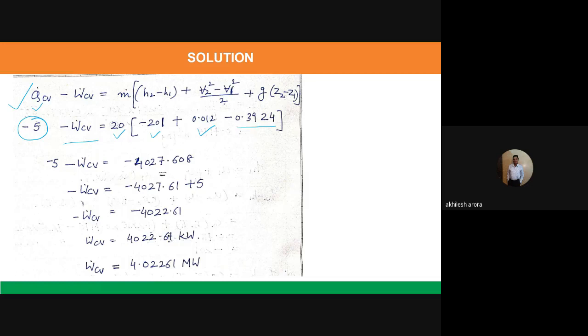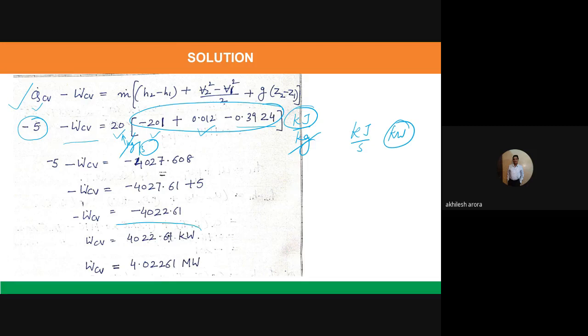The mass is in kg per second, and all the terms inside are in kilojoules per kg, so kg and kg will cancel out, and we have kilojoules per second, which is kilowatts. So this answer comes out to be 4022.61 kilowatts, and you can divide it by 1000 to get the answer in megawatts. This is the final answer of the power being produced in the gas turbine.